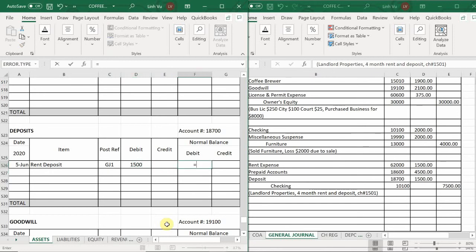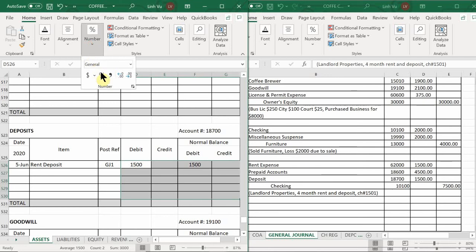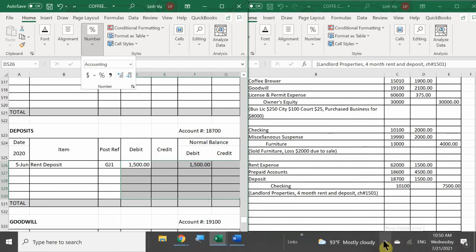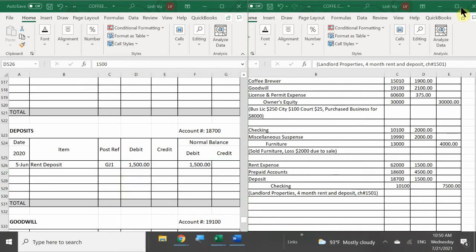So once again, a deposit is an intangible asset because can you physically touch a deposit? No, but it's in terms of a service that can be provided that's worth 1,500. Okay.